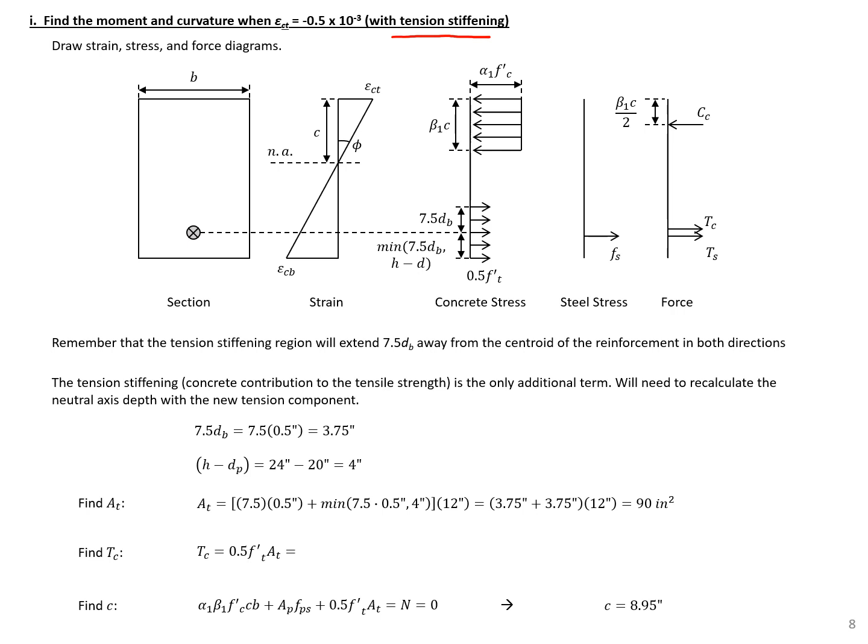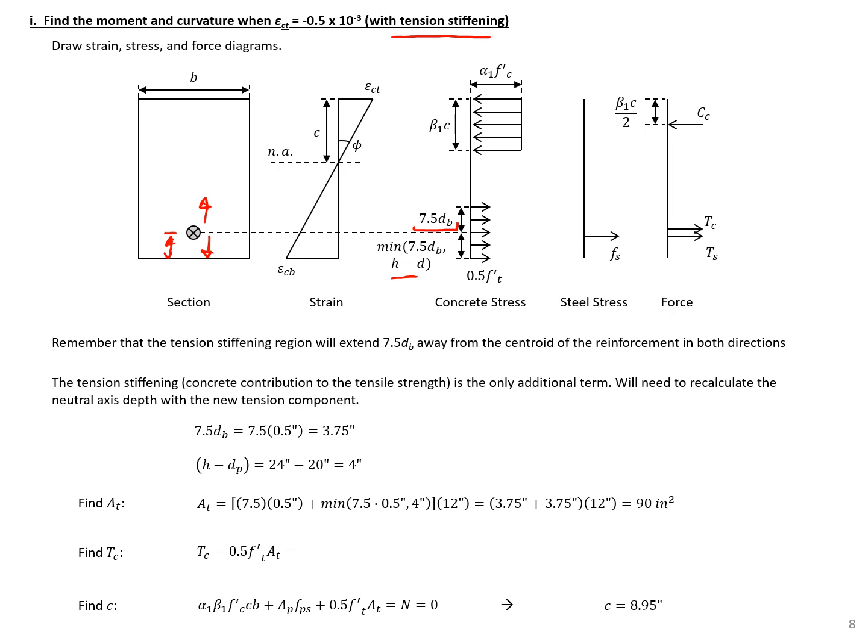In general, we can include tension stiffening a distance 7.5 times the diameter of our strand away from the centroid of the strand. So on the top side, we need to measure a distance 7.5 d_b. And on the bottom side, we'll have the minimum of 7.5 d_b and h minus d, which is the actual distance between the center of the strand and the bottom of the section.